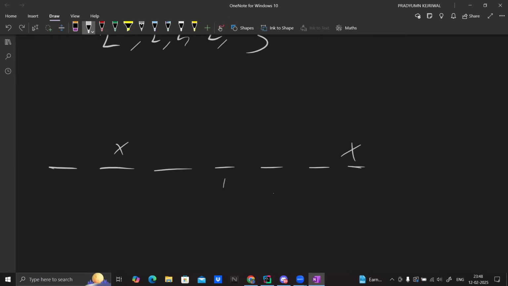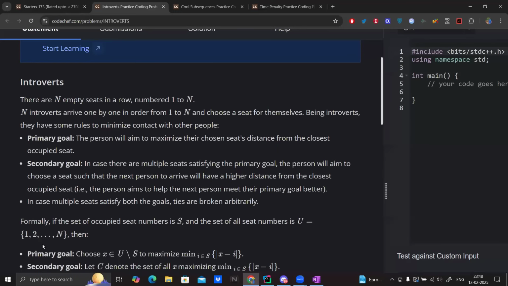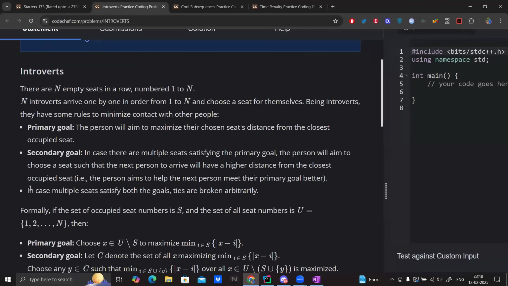But if I sit here? If I sit here, then also the next person will have a distance of 1 only. So basically these two seats are equivalent, and I can sit in any one of them. In case multiple seats satisfy both goals, ties are broken arbitrarily, which means I can sit wherever I want.